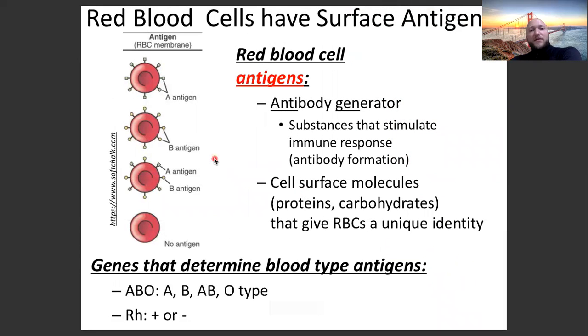All right, red blood cells have surface antigens. Antigen is short for antibody generating substance. So it's an antibody generator.